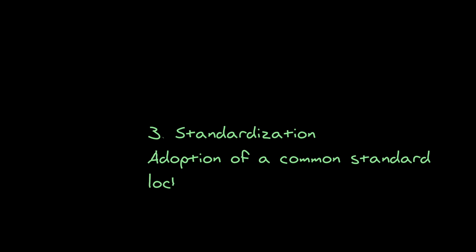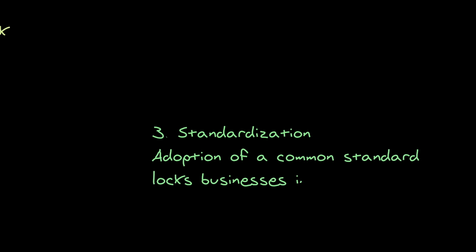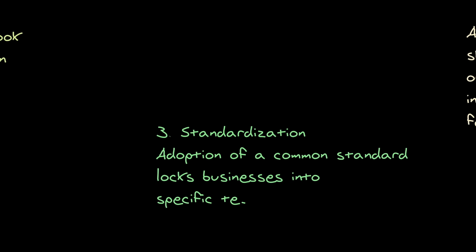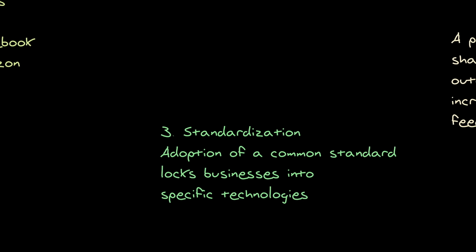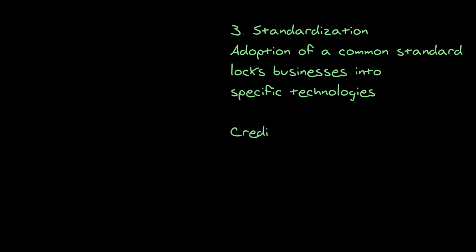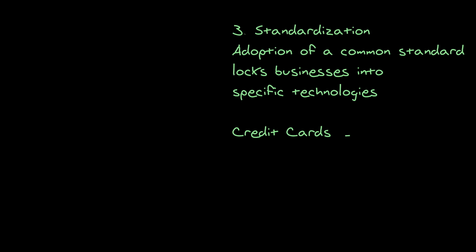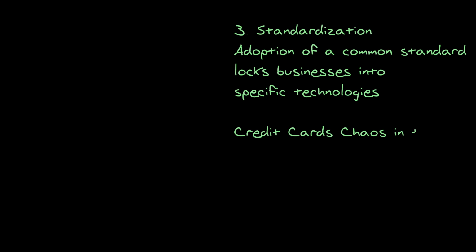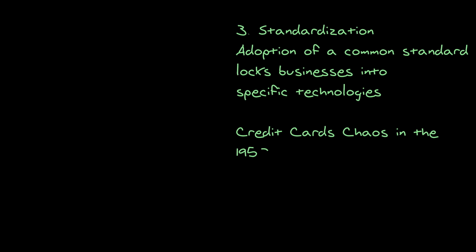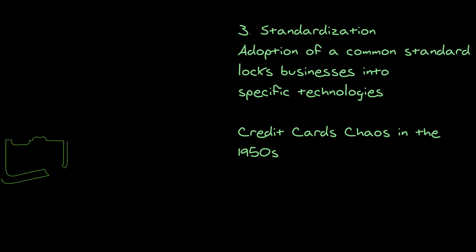Every time you swipe your card at checkout, you're participating in a system that's so deeply embedded in our daily lives we hardly even notice it anymore. But behind that simple transaction is a massive business model driven by standardization. The story starts in the mid-20th century, when credit cards first hit the scene. It was revolutionary. You could buy now, pay later, without carrying cash.